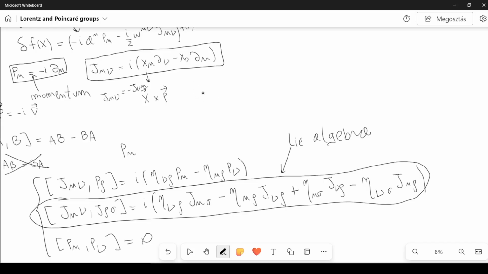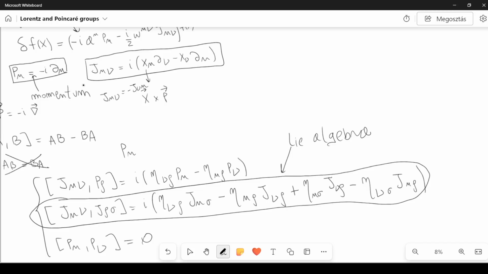As I told you earlier, this J is related to angular momentum, so it is some kind of symmetry with respect to rotations, not just rotations, but also boosts. In classical physics, angular momentum is conserved if you have some kind of rotational symmetry. Similarly, momentum is conserved if you have some kind of translational invariance. So you can see the generalization here.